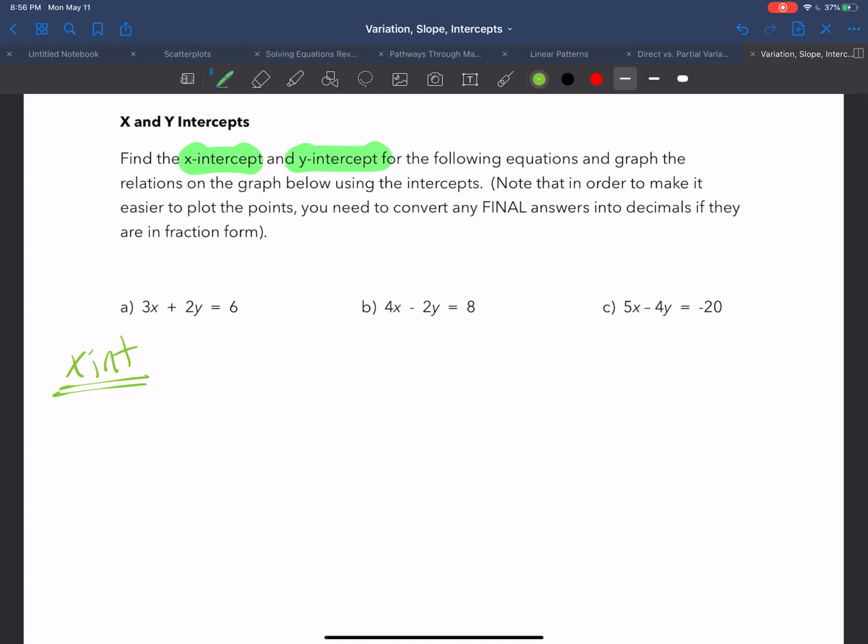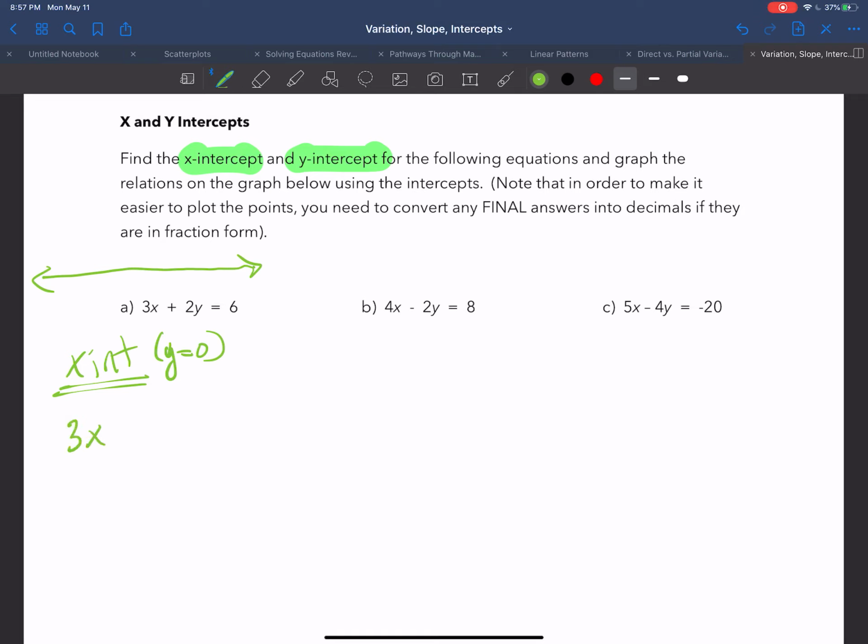So first, let's find our x-intercept. So anywhere along the x-axis, let's pretend this is the x-axis. My coordinate would be whatever x is, 4, 0. Or if x is 7, it would be 7, 0. Y is always equal to 0. So I can find my x-intercept by making y equal to 0.